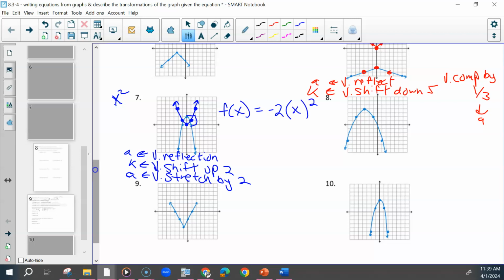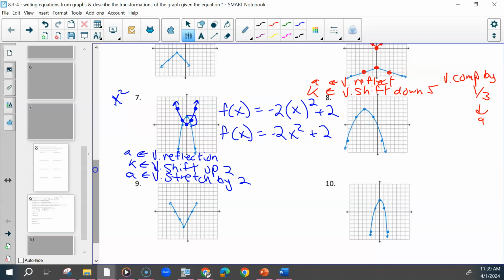And then your K value, plus 2. So you can put it like this, or without the parentheses. Either way would be fine. The only time the parentheses absolutely matter is if you have an H value. So we did a vertical compression.